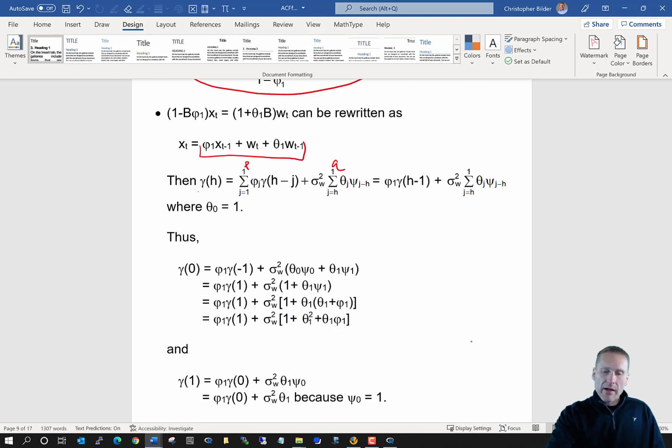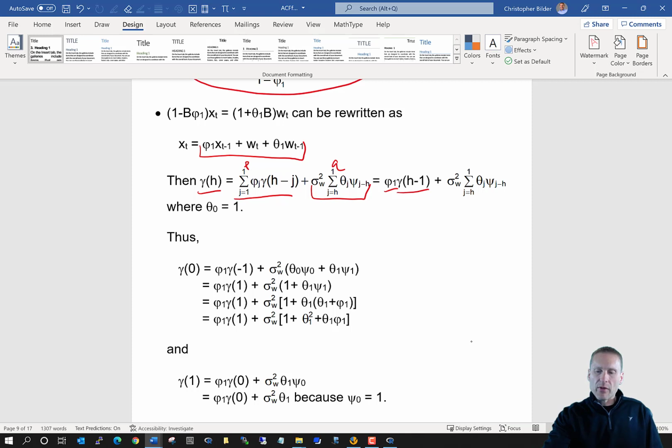I can write out my autocovariance function in this particular form. And since p is equal to 1, this first term becomes really simple. It's just phi1 times gamma of h minus 1. Also, this second term is relatively simple as well.